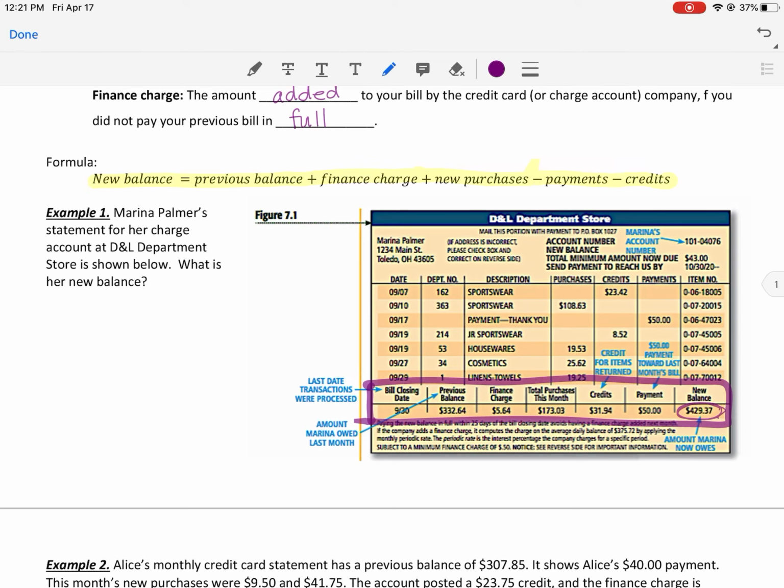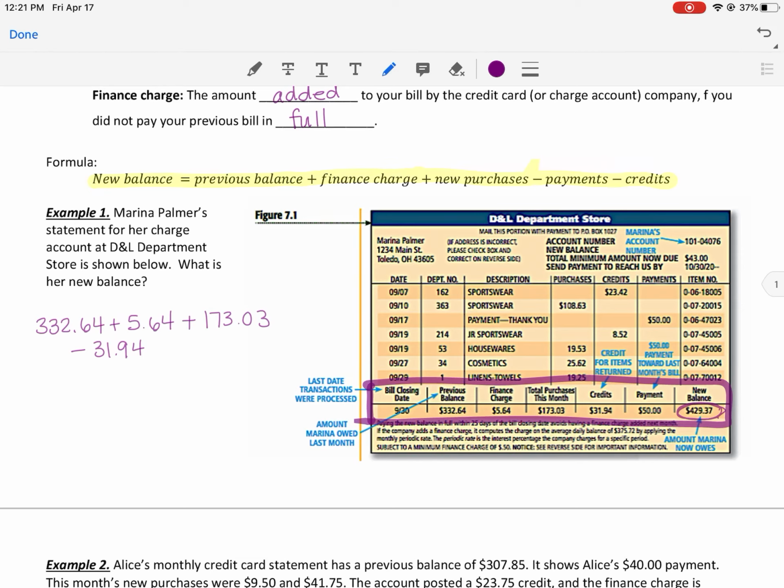$429.37. So what we're going to do is take her previous balance, which in this case was $332.64. We're going to add the finance charge, which is $5.64. We're going to add the new purchases, which is $173.03. And then we subtract her credits, which was $31.94.